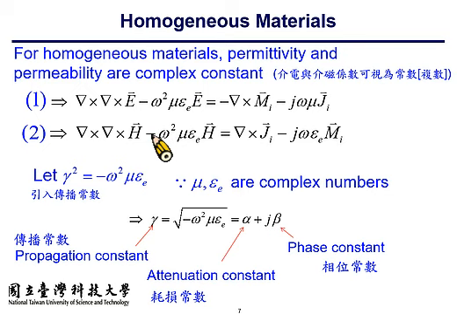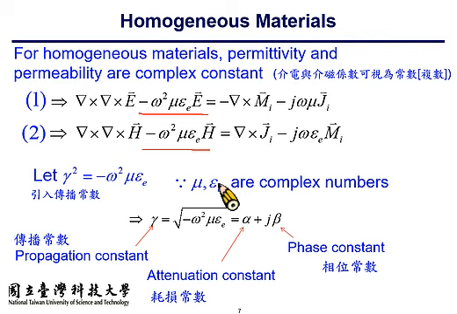Again, for equation 1, we multiply both sides by mu, and for equation 2, we multiply both sides by epsilon E, so that the first term begins as the curl of E and the curl of H. The second terms will have a similar dependence of omega to the square times mu times effective permittivity epsilon E.